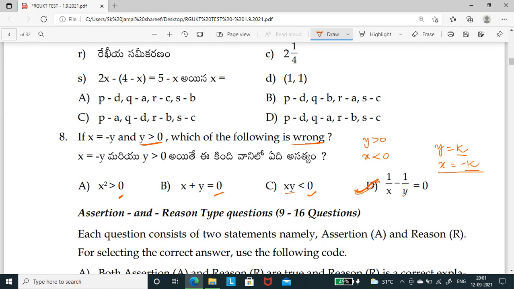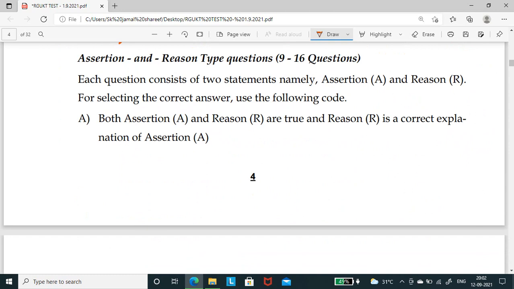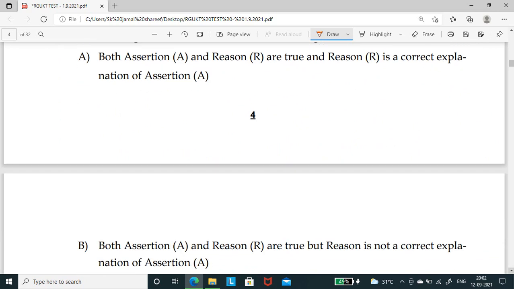Right? So these are nothing but the questions related to matching as well as statement type questions. So these 8 questions are related to those two particular concepts. Next, these set of questions are assertion and reason type questions. So he will be giving two statements, and you need to decide which particular condition is applicable for those.